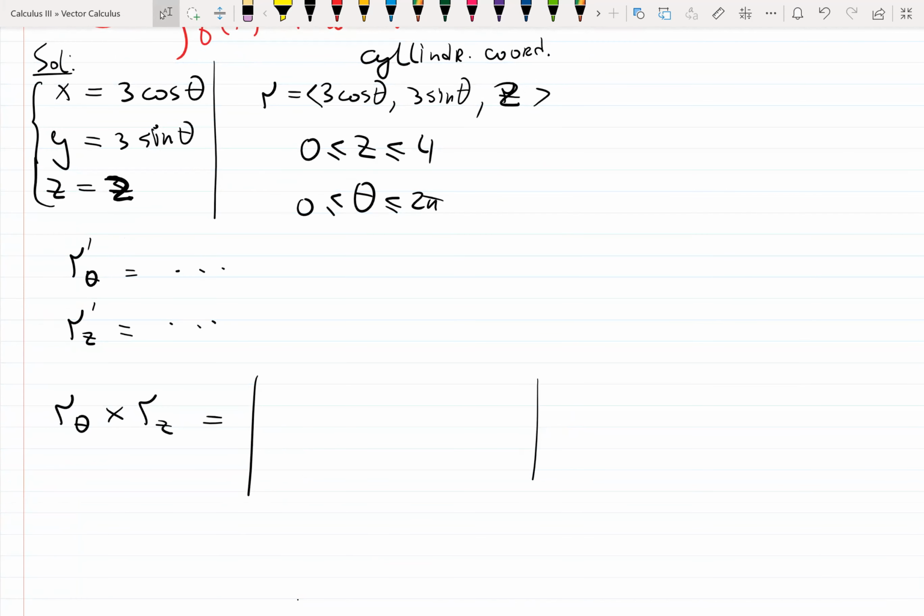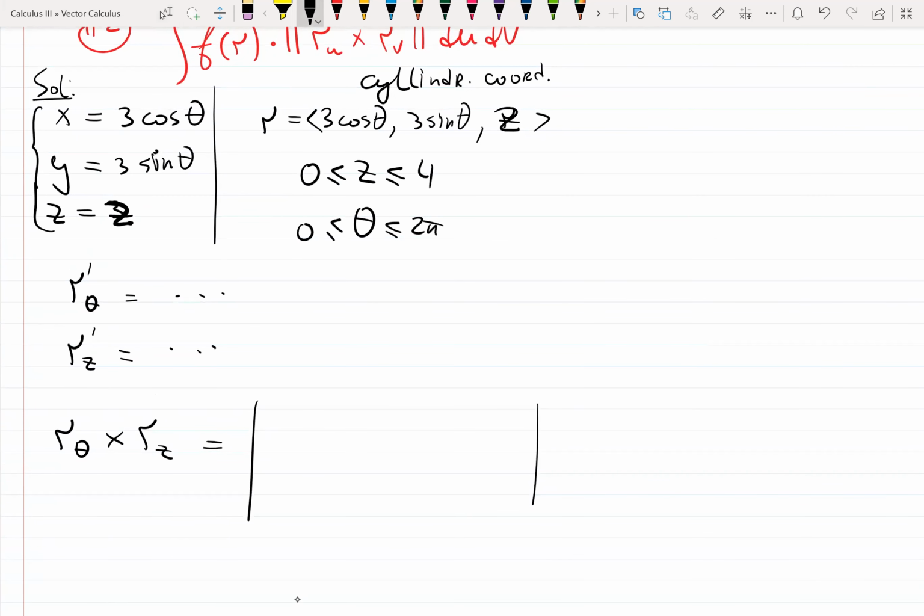And we're going to spread it out. Derivative with respect to theta is minus 3 sine theta, 3 cosine theta, and 0. Derivative with respect to z, 0, 0, 1, i, j, k, right? So that saves me lots of writing, to be honest, and I'm fine with this on the free response. If you just know what you're doing, then why should you keep writing so much?